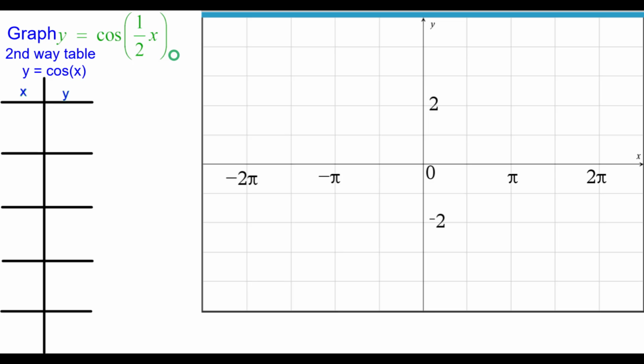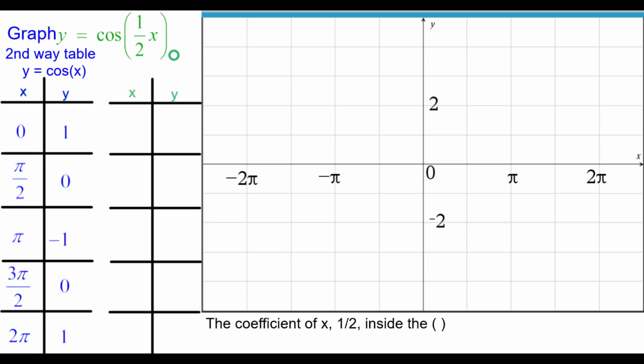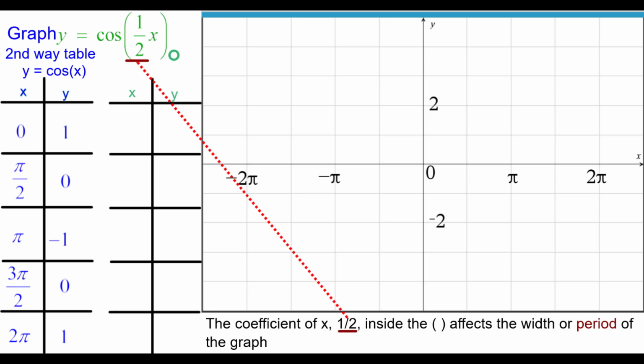So the second way to graph this was using a table. Go ahead and complete the table. Pause as needed. And those are our unit circle values along the axes. Create a second table, and we realize that the coefficient of x, which is 1/2, that's inside the parentheses, inside the argument, affects the width or the period of the graph inversely.